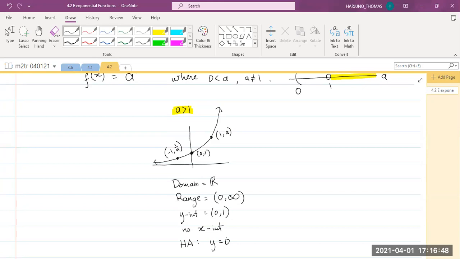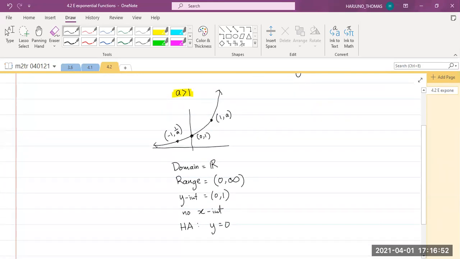Now, from here, you see that the function is increasing. Therefore, it is 1-to-1. The function is increasing.